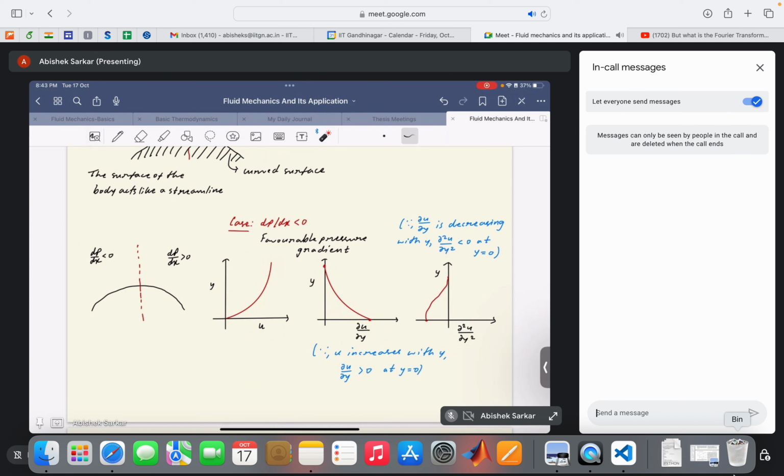Okay, let me just write it. ∂u/∂y is almost equal to 0 at y equal to delta. Okay.